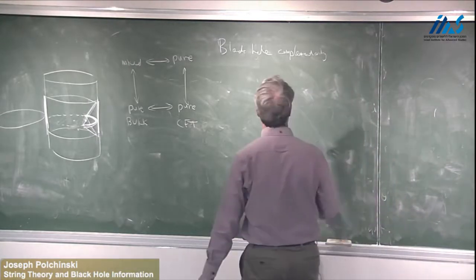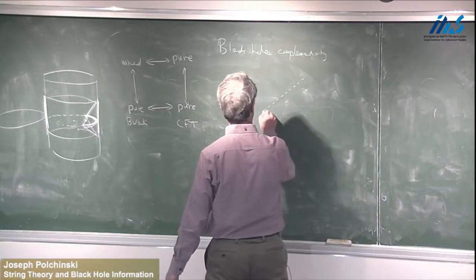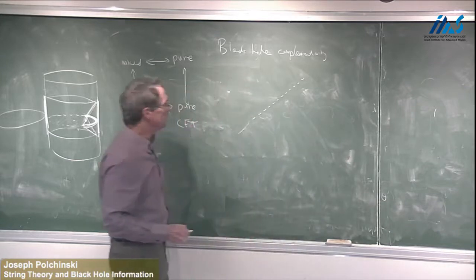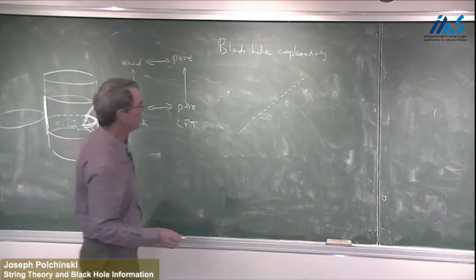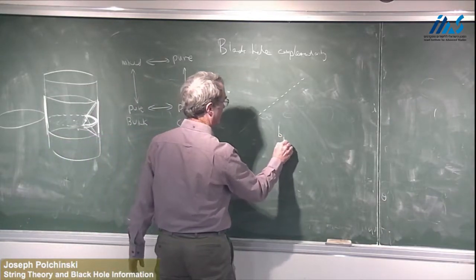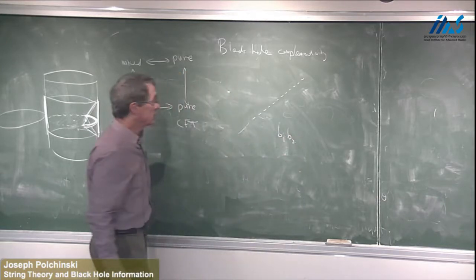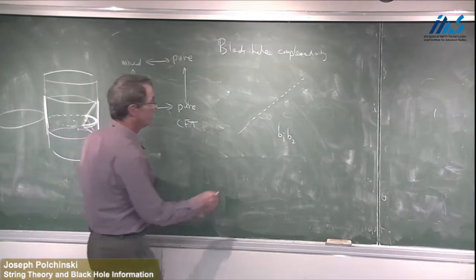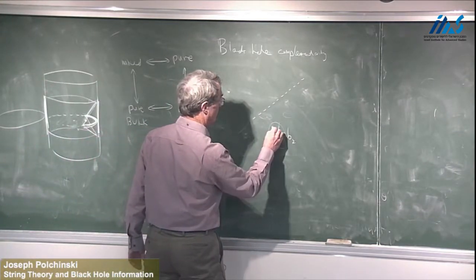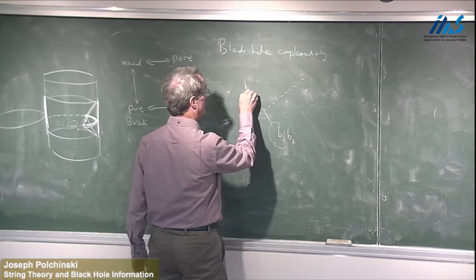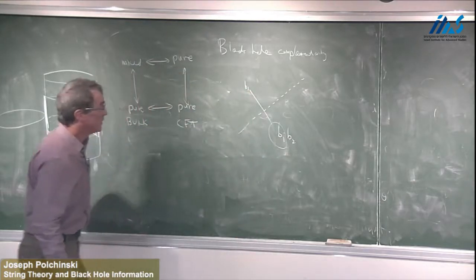Here's our black hole horizon. Suppose we start on the outside with two bits that are entangled, B1 and B2. We're going to throw B1 in, and it's still entangled with B2.